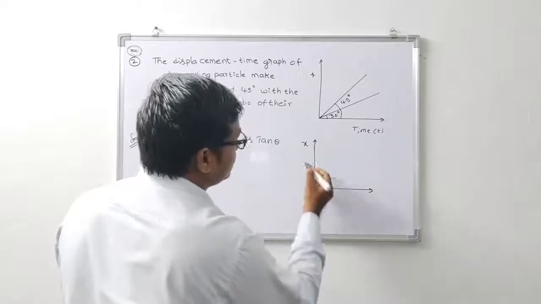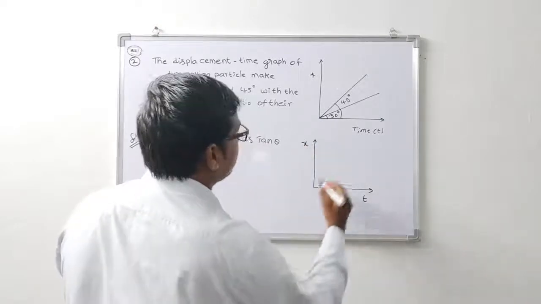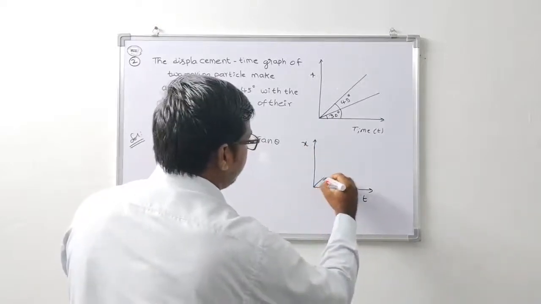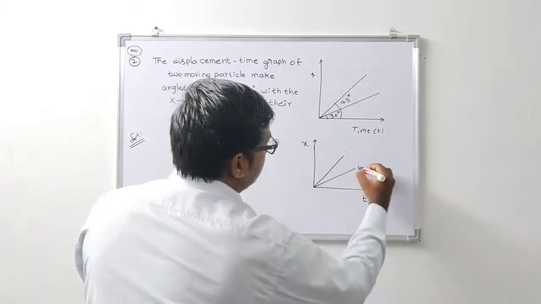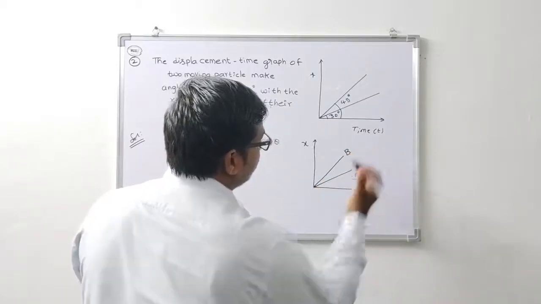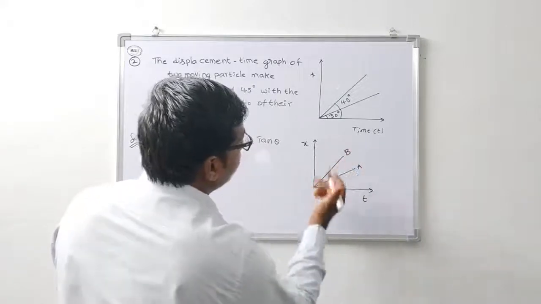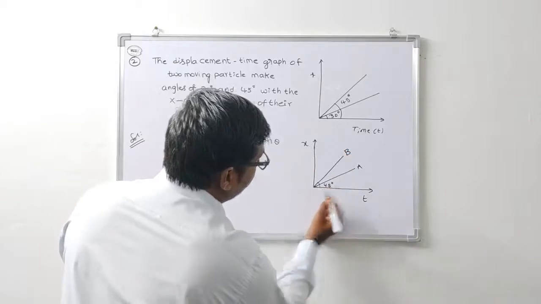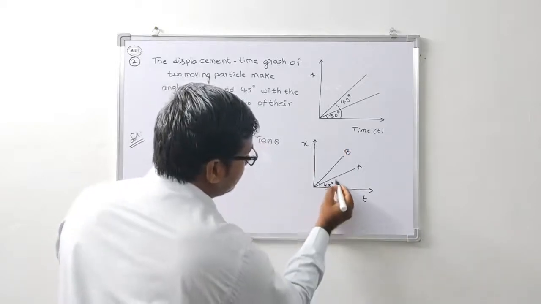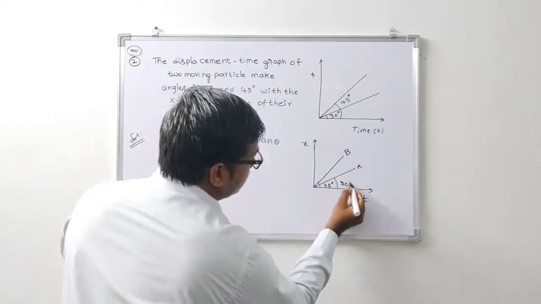X and t. This is A and this is B. So anti-clockwise, 45 degrees, and this is 30 degrees.